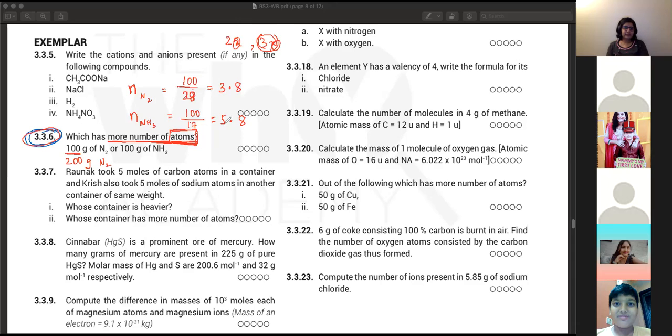Now here the number of molecules itself is bigger, and so one molecule of N2, how many atoms do you have? 2. So these many moles of N2, how many atoms will you get?